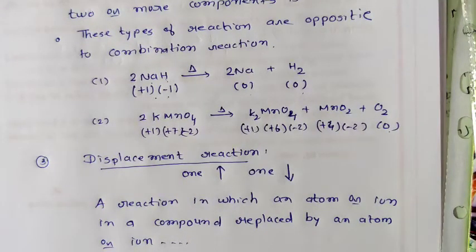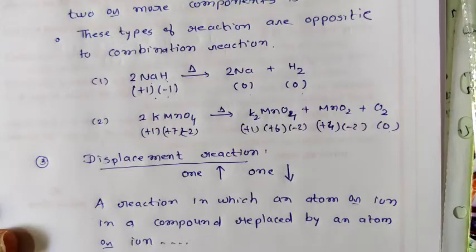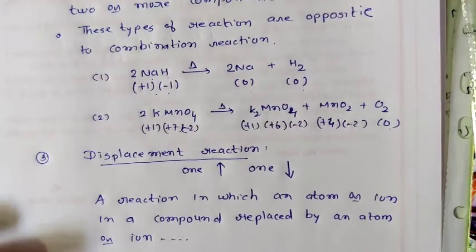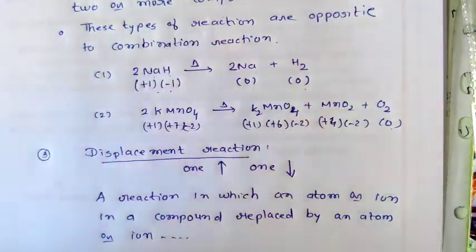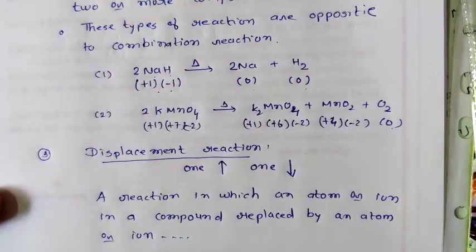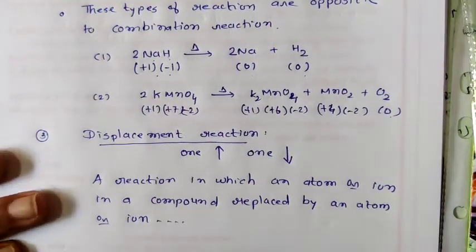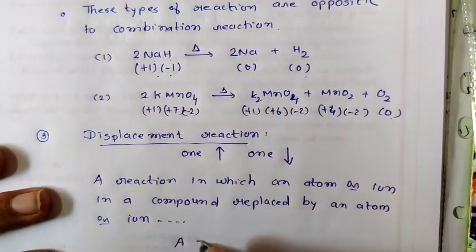So dear students, one atom or ion will go out, and instead of the outgoing atom or element, one atom or ion will come in. This type of reaction is known as displacement reaction. Okay, so this is the definition of displacement reaction. Now I will explain an example about this.